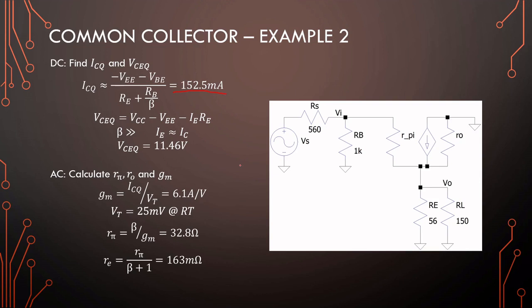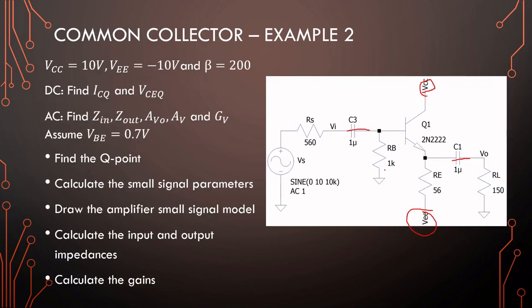And with this, we can actually choose our Q point exactly. In the case of this dual rail, we want a full VCC over this transistor and the full VEE over this resistor right here, so that we can have maximum swing.